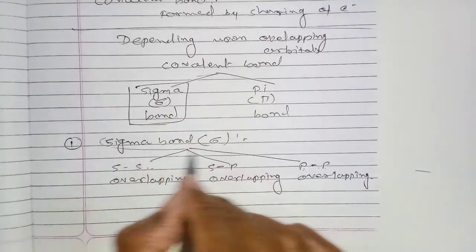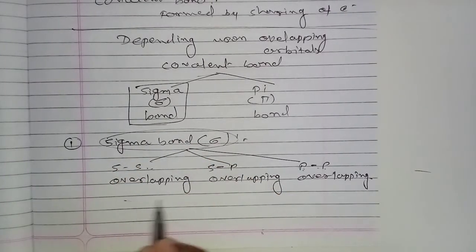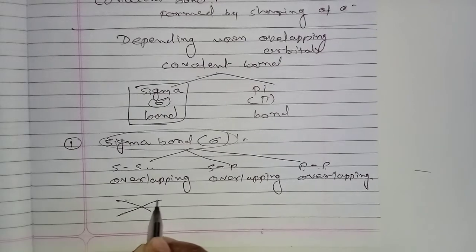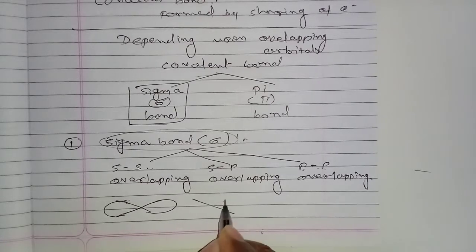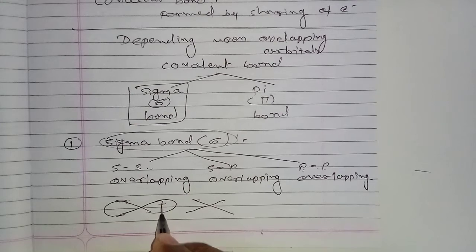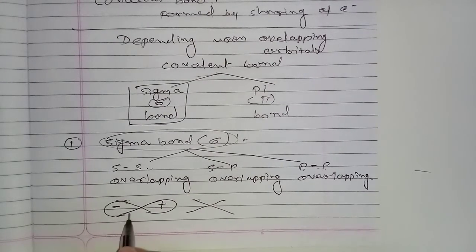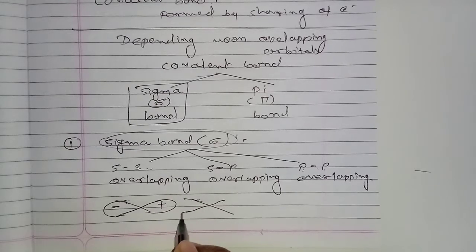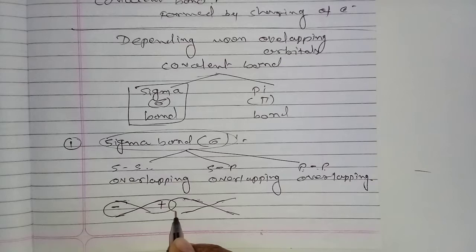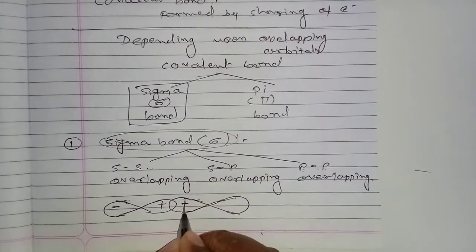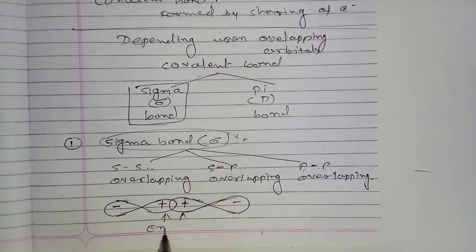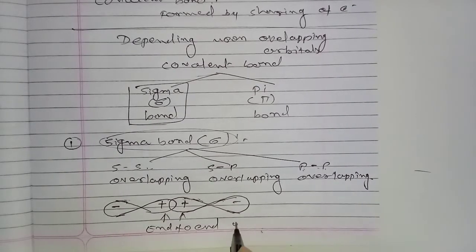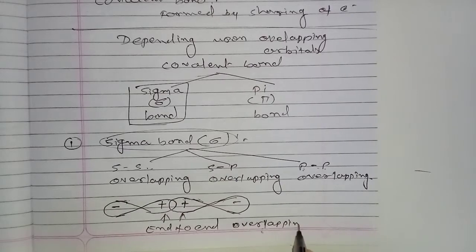In a sigma bond, there is end-to-end overlapping. Suppose this p orbital and another p orbital, this end is positive and this end is negative. So it is called end-to-end overlapping.